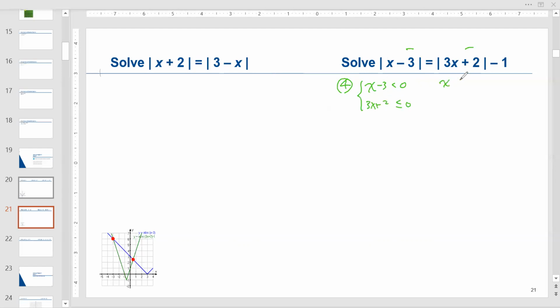So it means x less than 3, and at the same time x less than negative 2 over 3, right? So the overlap: here is 3, here is negative 2 over 3, both of them less than, so it's this area. Its overlap area is x less than negative 2 over 3.